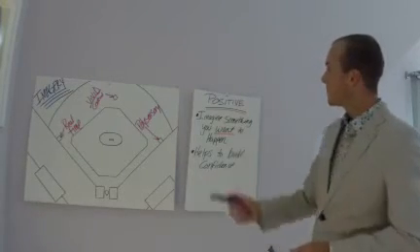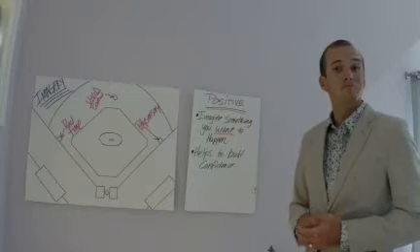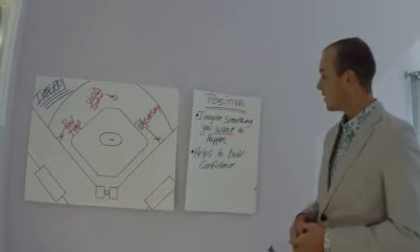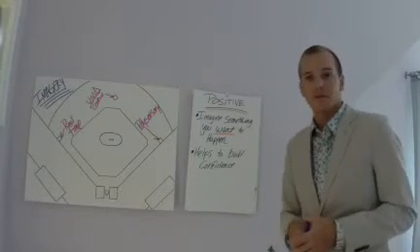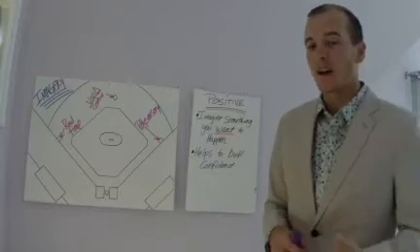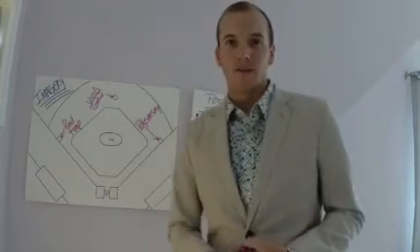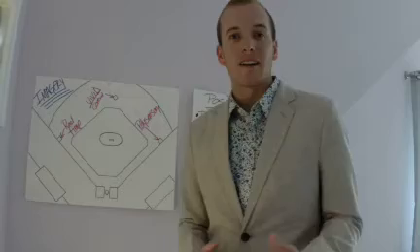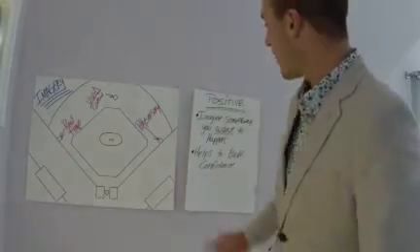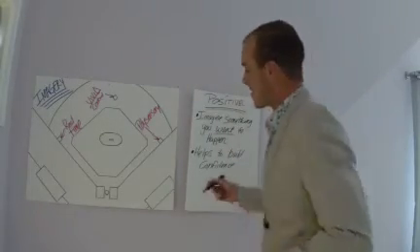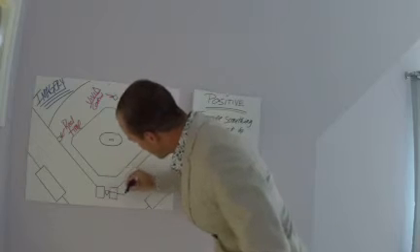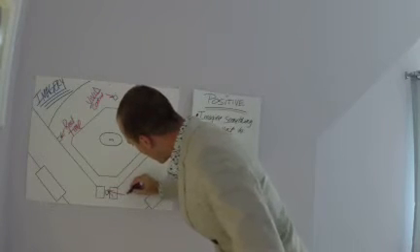And by imaging positive images, you are helping build confidence for yourself because you're imaging things that you want to have happen, that you see are important, things that you see benefiting your game. So you really want those images to be positive. And positive is going to represent home plate.